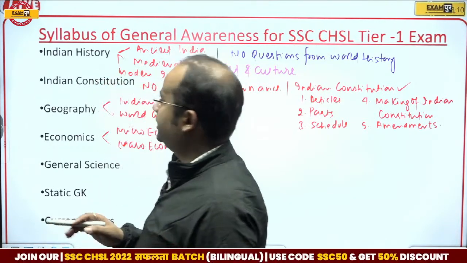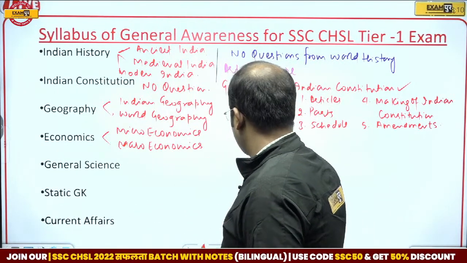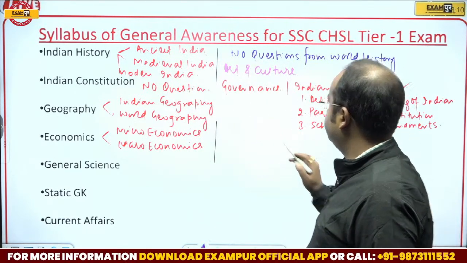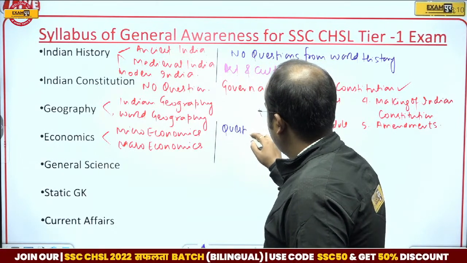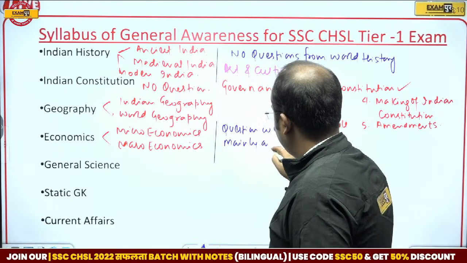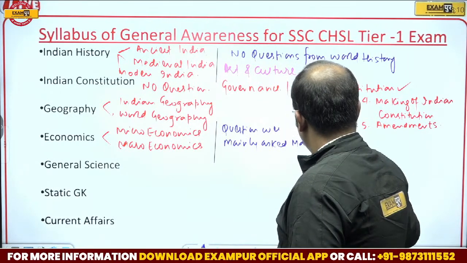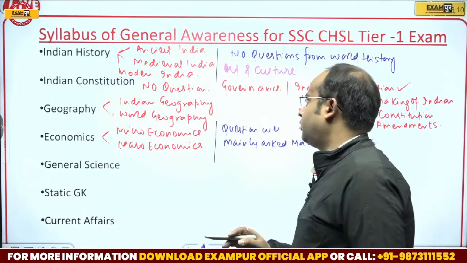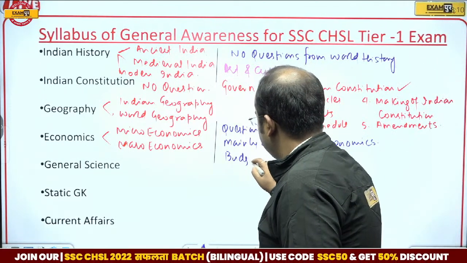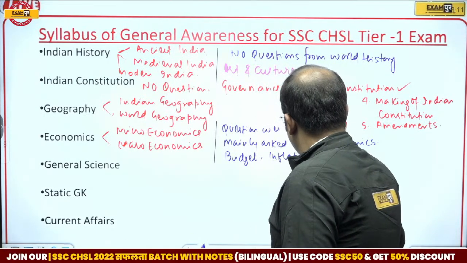But what we have seen in the last year's trend of SSC CHSL is that the questions were mainly asked from the macroeconomics section, like the important segments of budget, inflation, and national income.